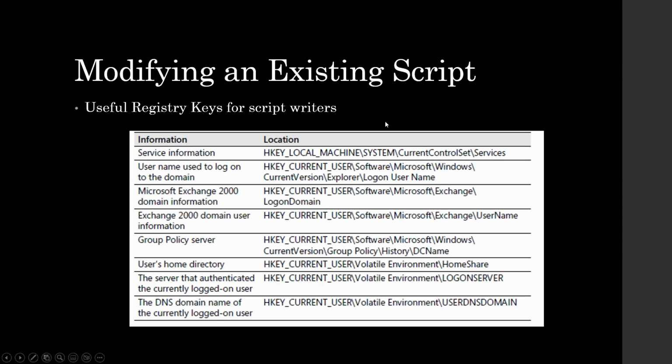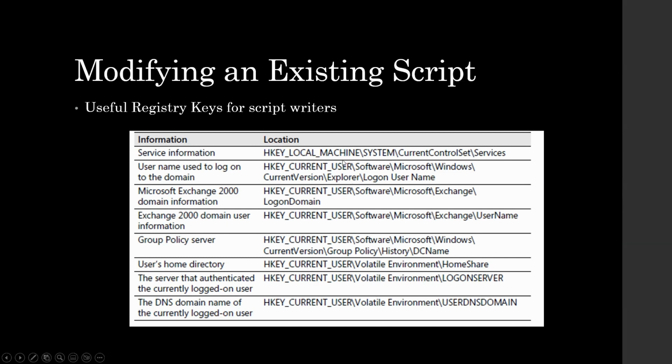Some useful registry keys that are used a lot in VB scripting are things like service information, username, the exchange information, group policies, home directory of a specific user, server authenticated, and DNS domain. These will have the same locations on every Windows machine, but the actual data contained within this location will change based on the user of that machine or whatever user you're looking into.